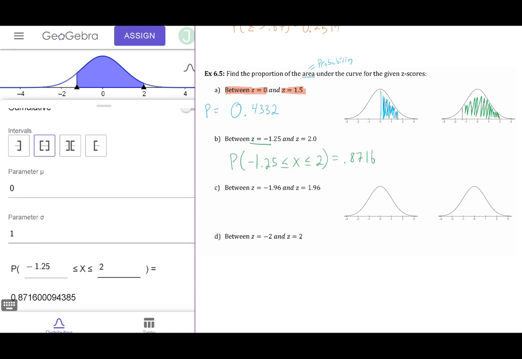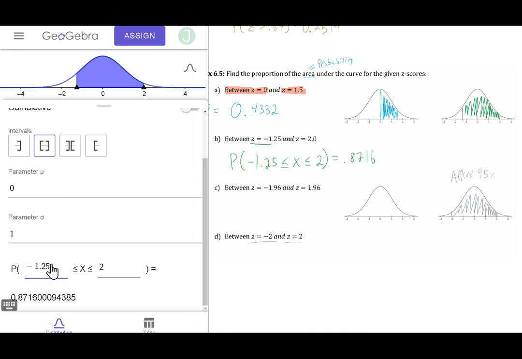So we have 2 more examples really quickly. If you remember, the empirical rule says that within 2 standard deviations of the mean, approximately 95% of the data values will be within that region. So let's see how much it actually is.